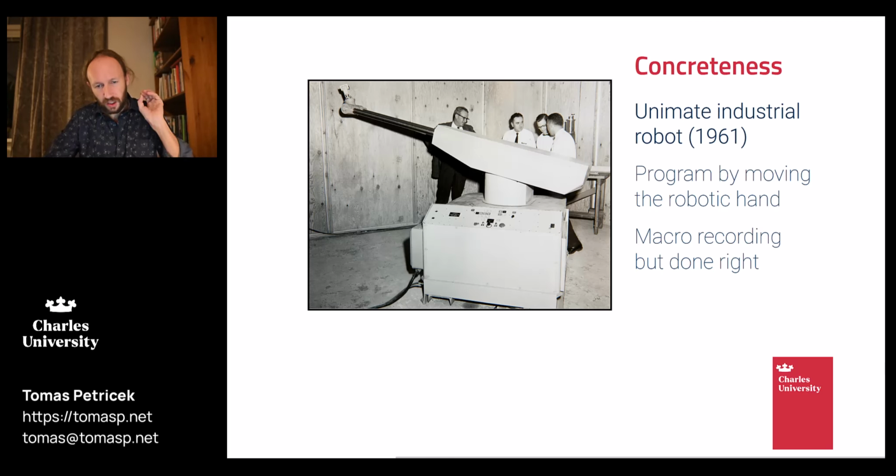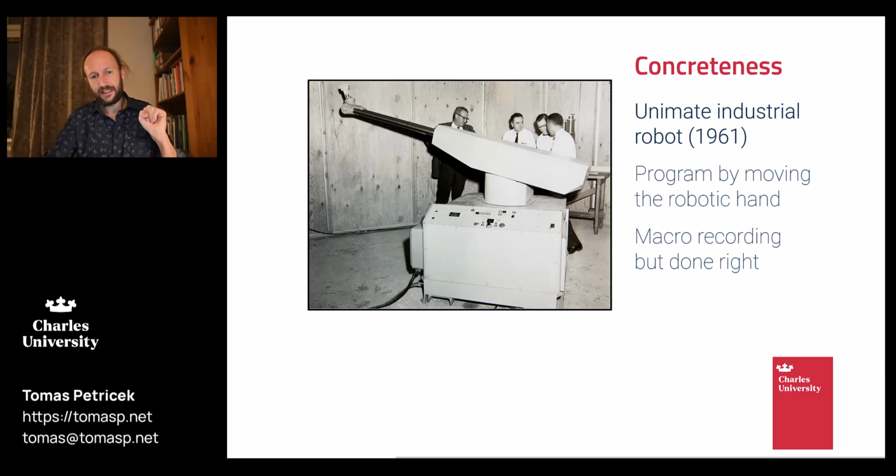So the robot that you can see in the picture here, this is a robot that you programmed basically by dragging the arm, and the robot in some sort of recording mode would capture what you are trying to get it to do, and then it would just replay the actions. So it was a very basic macro recording facility that was used there.